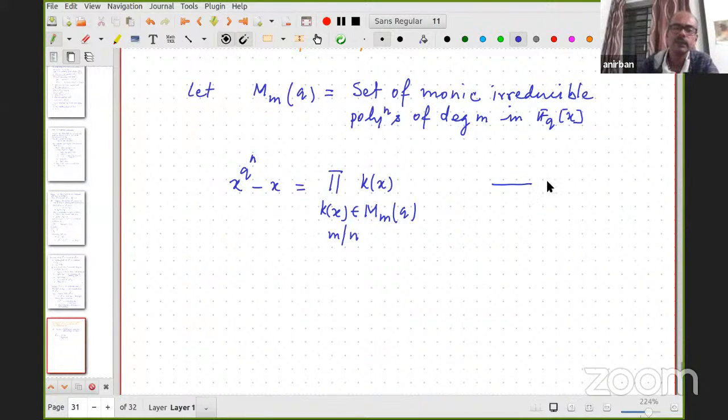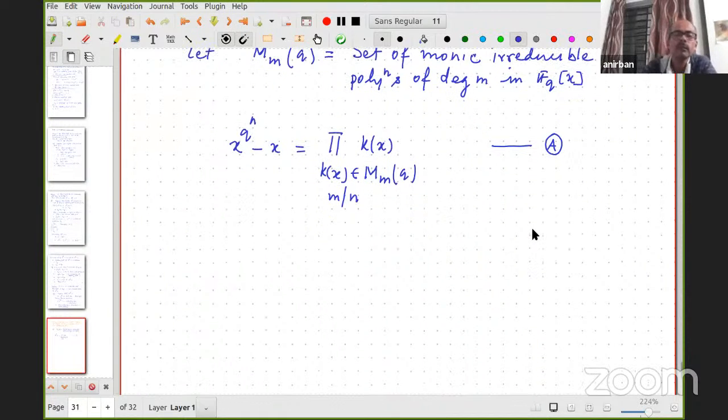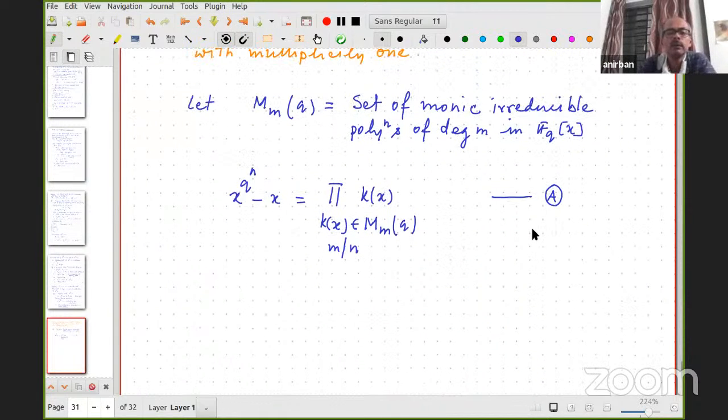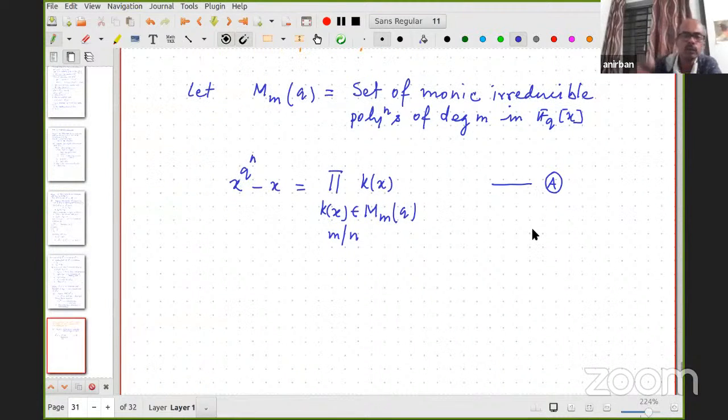Let's give it a name, maybe just call it A. Recall that M_m(q) is the set of all monic irreducible polynomials of degree m. Now let's have a notation for the cardinality.